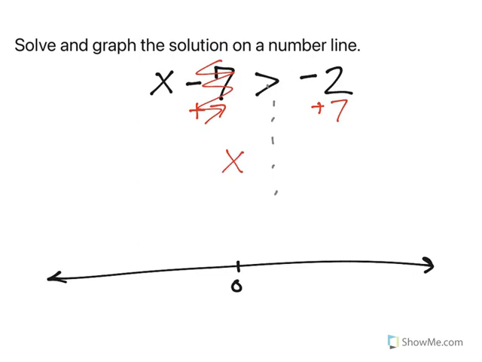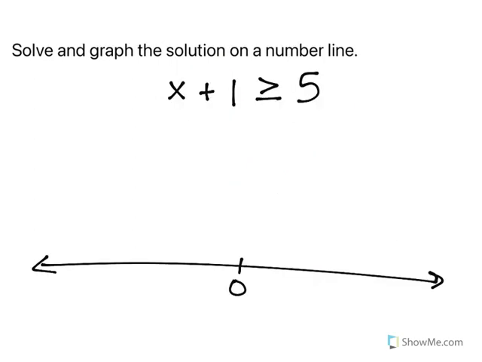So my minus 7's go away, and I have x is greater than 5. Okay, 5 is over here. Again, I'm going to do an open circle, and it's greater, so it goes to the right. Open circle because 5 is not part of the solution. 5 is not greater than 5, so open circle.